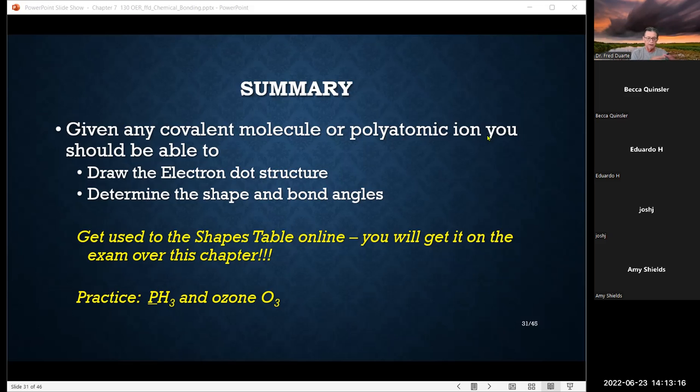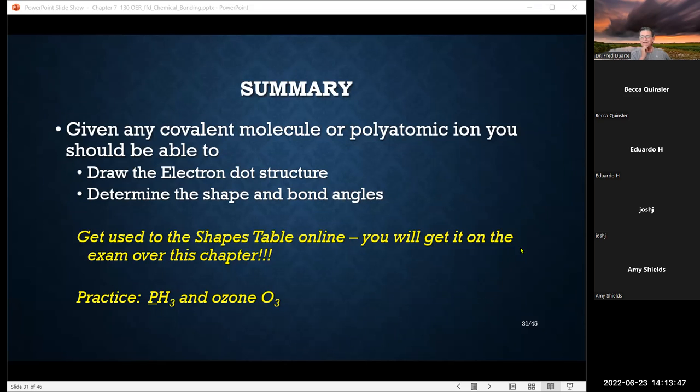But if it's a covalent compound or a polyatomic ion, because again, polyatomic ions, even though they have a charge, are made up of covalent bonds, be able to draw the electron dot structure, and from the shape table, be able to determine the shape and bond angles.